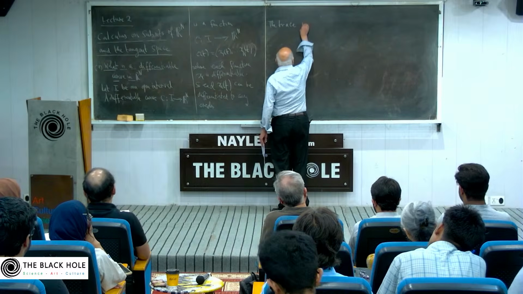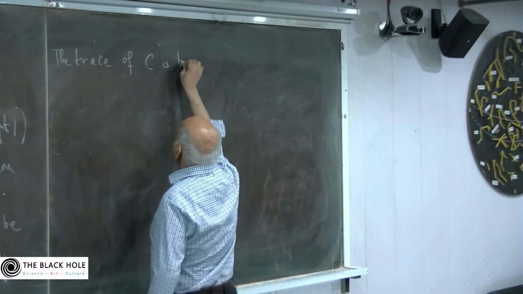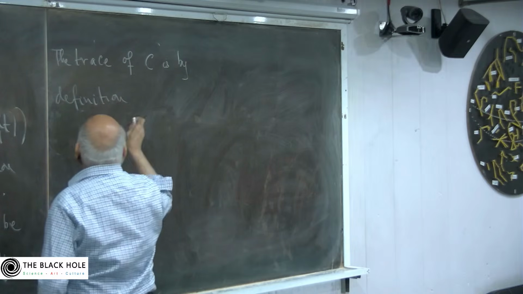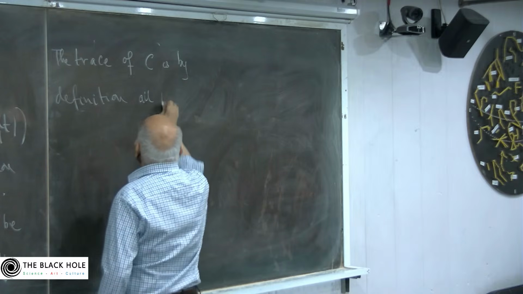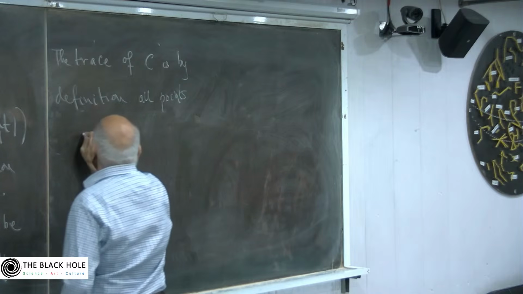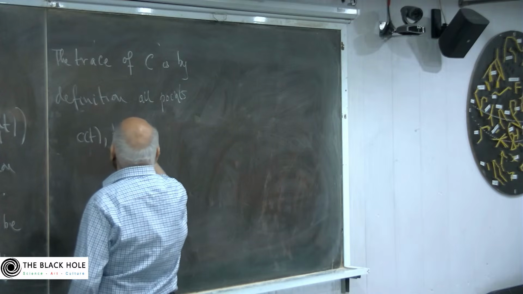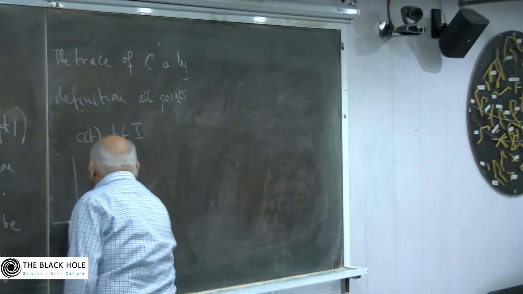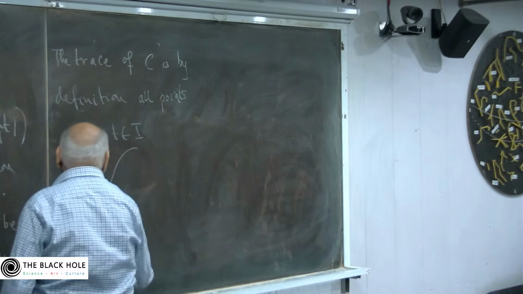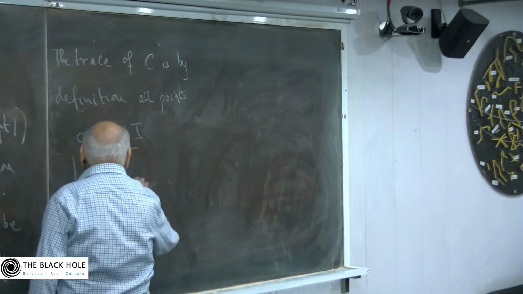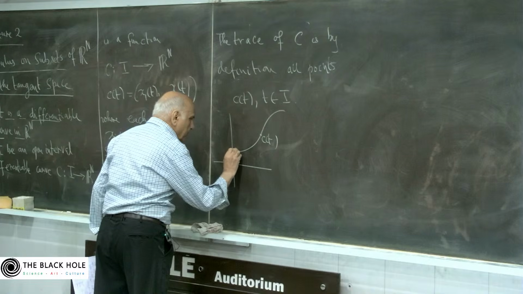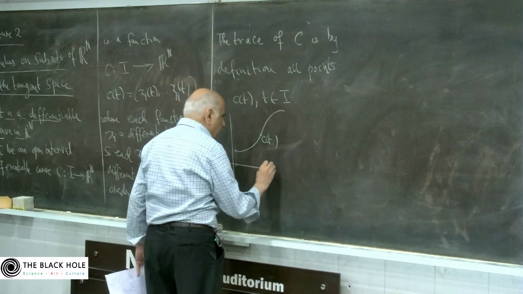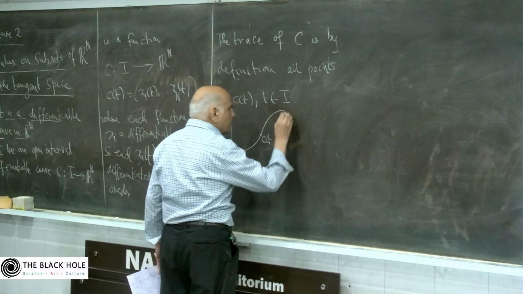So the trace of C is, by definition, all points C(t) where t is in your interval I. The picture looks like this.